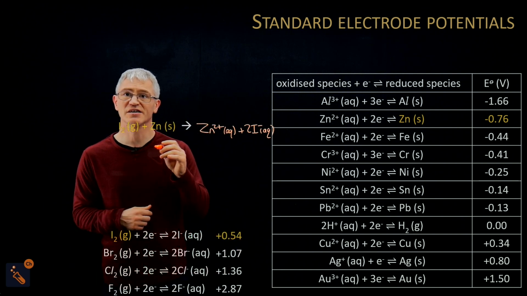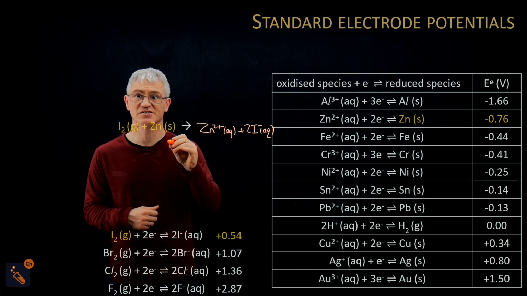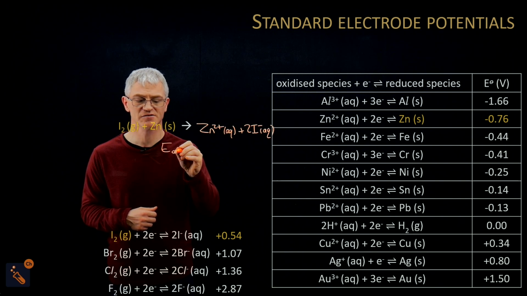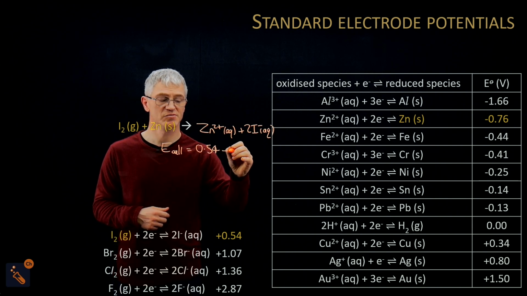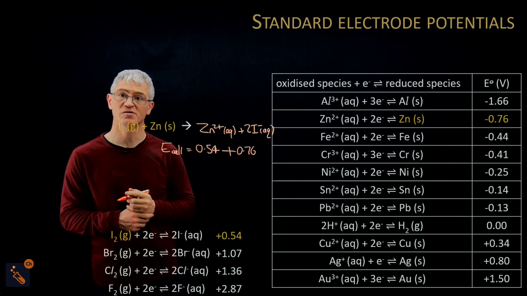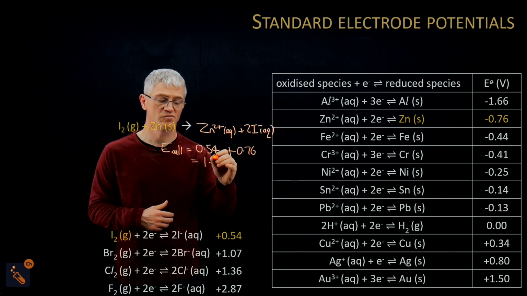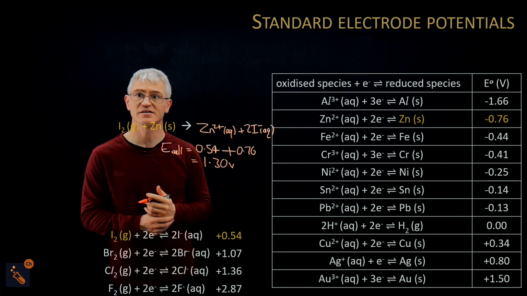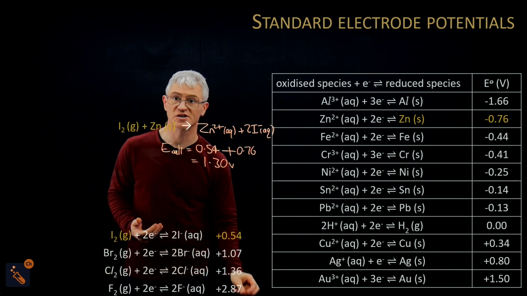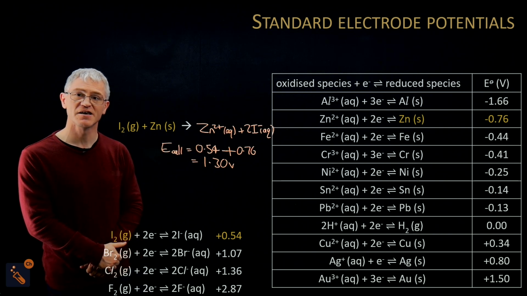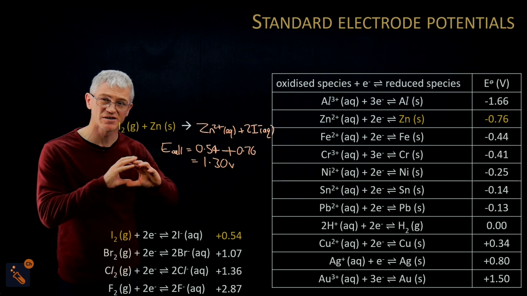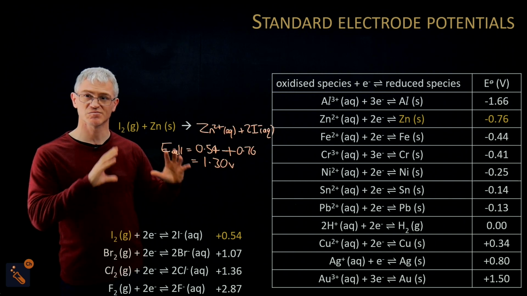Then we just calculate the standard potential, the E cell, and that is 0.54, the most positive, minus the most negative, minus 0.76, and 2 minuses are positive, which means 1.3. And we've done our overall cell potential, and we figured out whether it's going to react or not, and it does. This is totally feasible. So if you're in the exam, you have to write down, this is feasible.